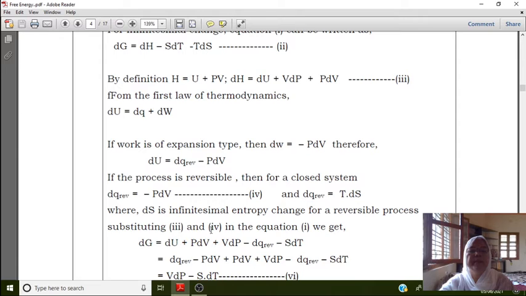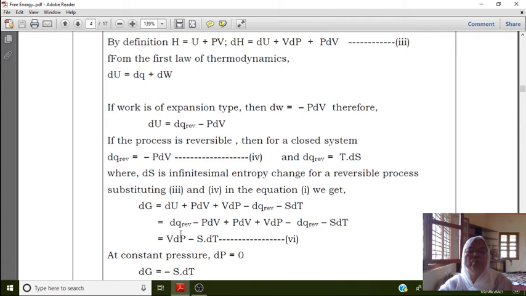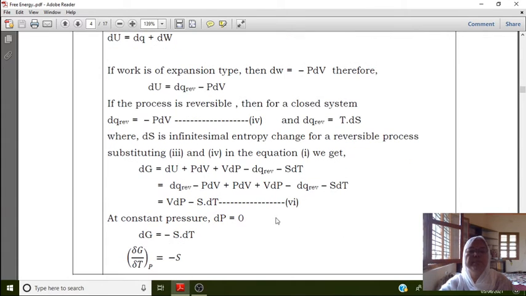Substituting equations number 3 and 4 in equation number 1, we get dG is equal to dU plus P dV plus V dP minus T dS minus S dT, and it is equal to dQ reversible minus P dV plus P dV plus V dP minus dQ reversible minus S dT. Here we have this dQ reversible term with positive sign and here with negative sign, so these two terms get cancelled.